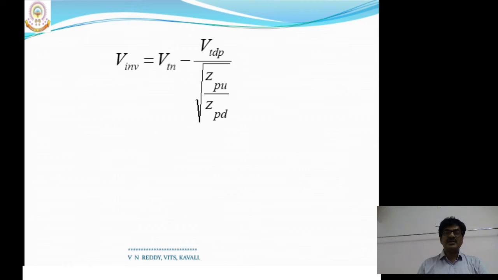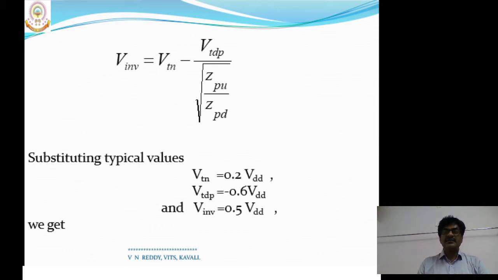Now substituting the typical values: VTN, the enhancement NMOS threshold voltage, is typically 0.2 times VDD. For the depletion MOS transistor, it is minus 0.6 times VDD. And inverter threshold voltage is 0.5 times VDD. Substituting all this, finally ZPU by ZPD comes to 4 divided by 1.